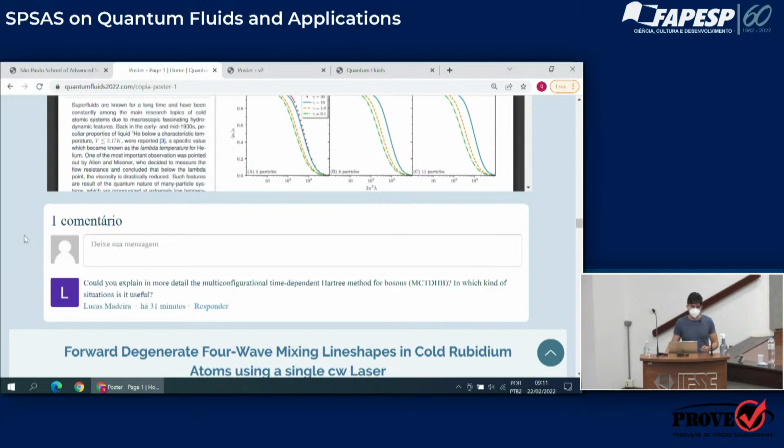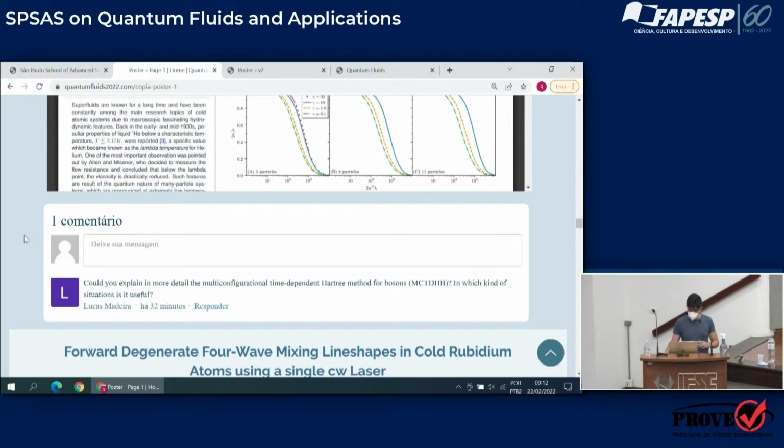And in this way, we have a controllable way to improve the accuracy of the results and to provide many body observables. So the underlying equations that arise from the MSTDHB method are a set of nonlinear partial differential equations coupled to usually a huge system of ordinary differential equations for the basis expansion coefficients.